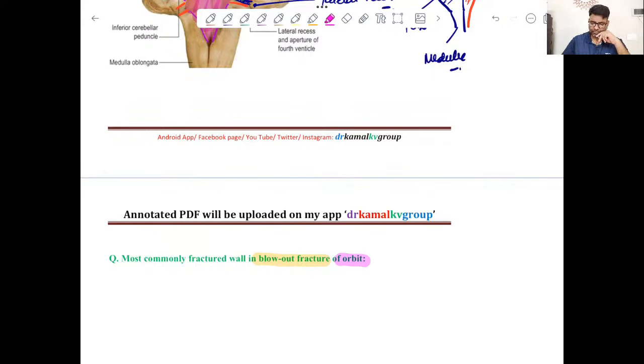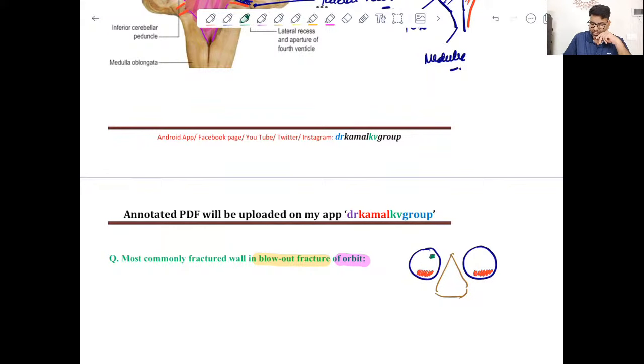Any idea which area? Suppose this is the nasal opening, and these are the orbits. The commonly fractured area is either the floor or the medial wall, right?